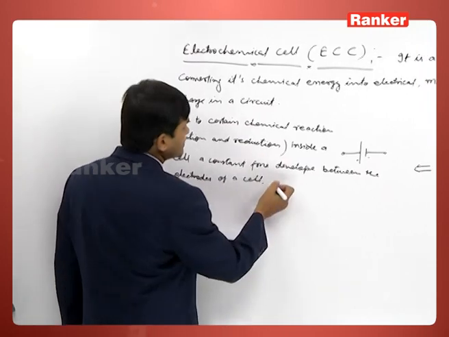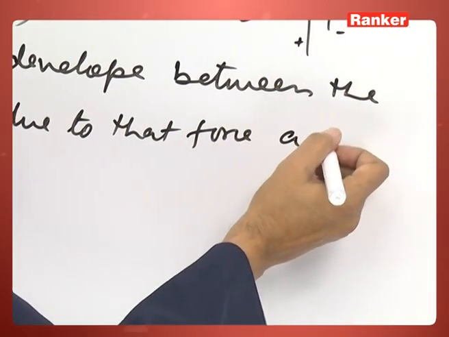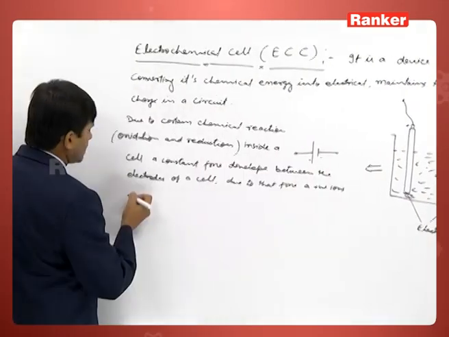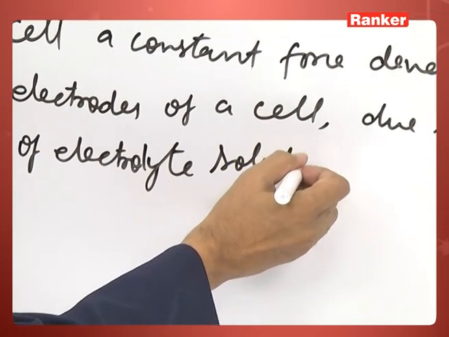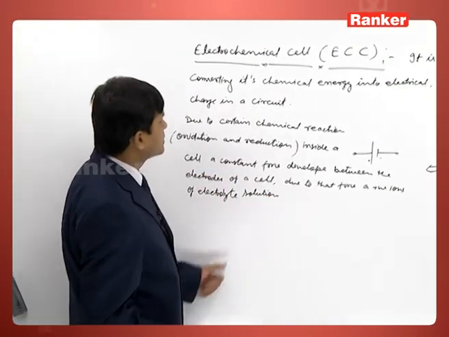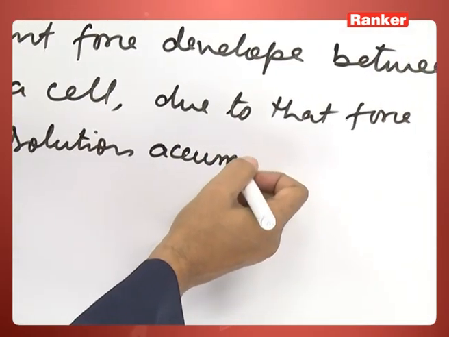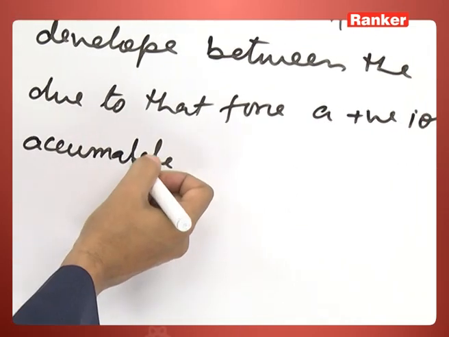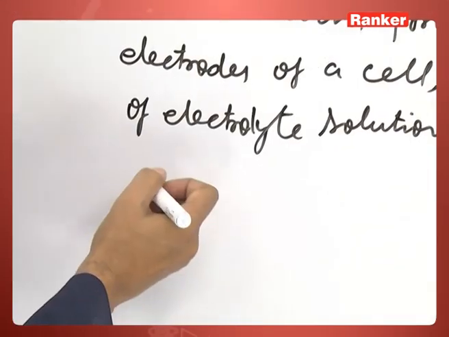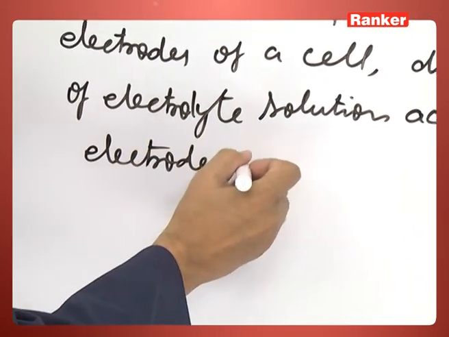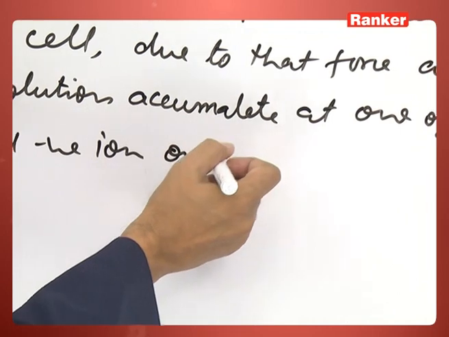Due to that force, positive ions of the electrolyte solution accumulate at one of the electrodes and negative ions on another electrode.